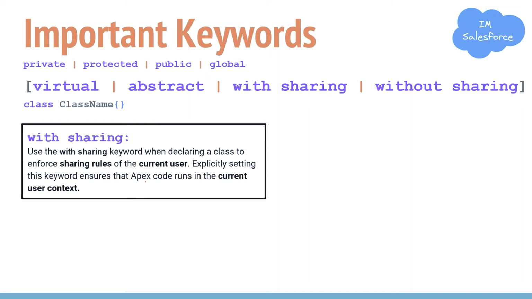All the records which the user has access to will be there in that transaction. Apart from that, other records will not be part of that transaction.